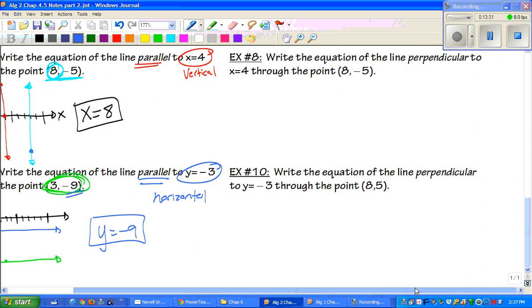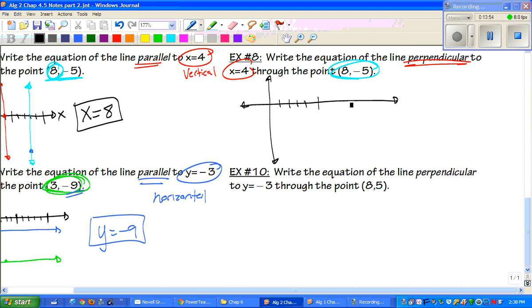All right, let's look at number 8. Write the equation of a line, and this time it's saying perpendicular to x equals 4 and to the points 8, -5. So it's pretty much saying the same thing. We're going to have our same 2 points. So here's our graph. All right, so our first line, x equals 4, it's the same, right?